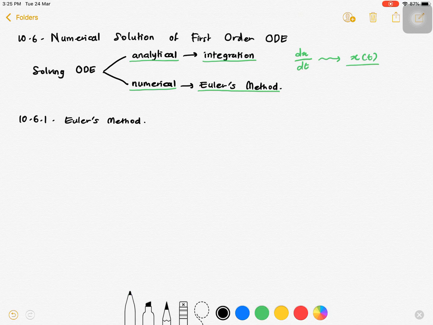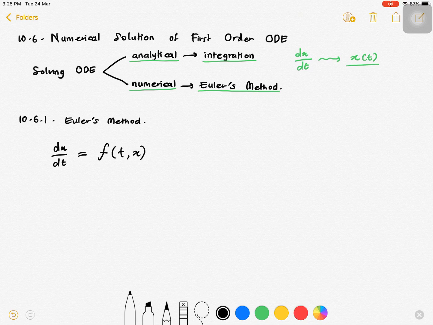Okay, now we are going to learn about Euler's method. So let's say we have the dx/dt equation, and we can let this equation equal to a function which is in terms of t and x.